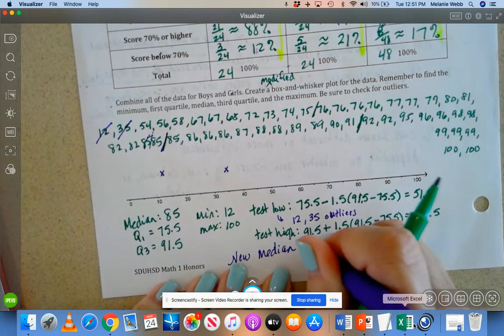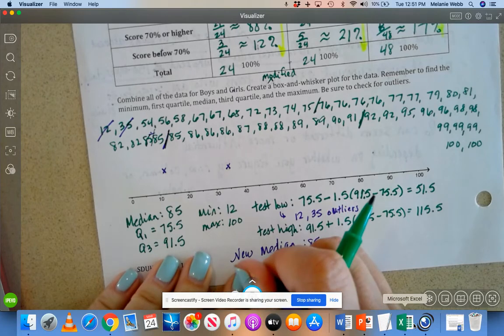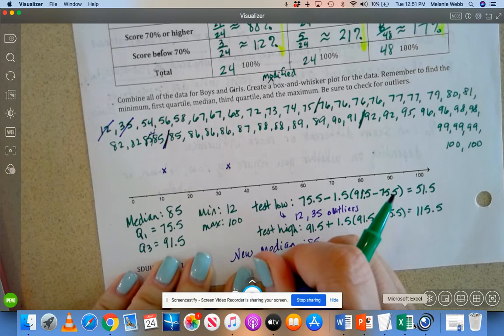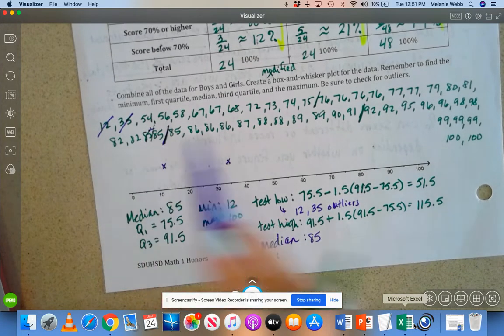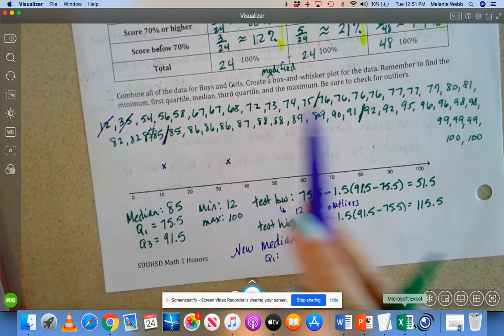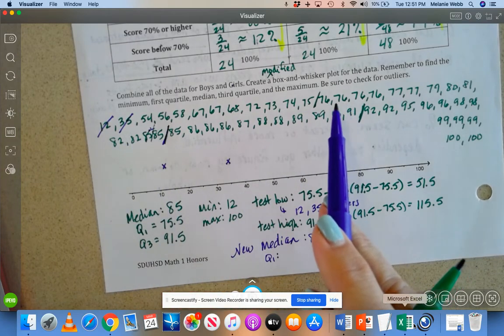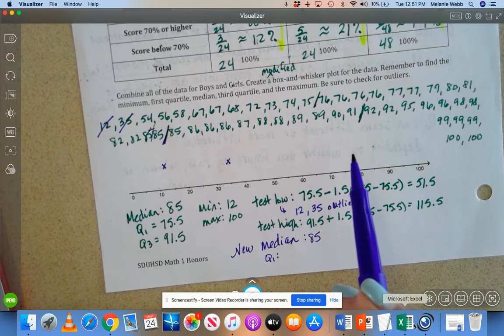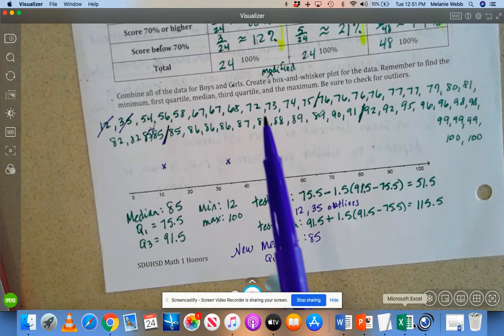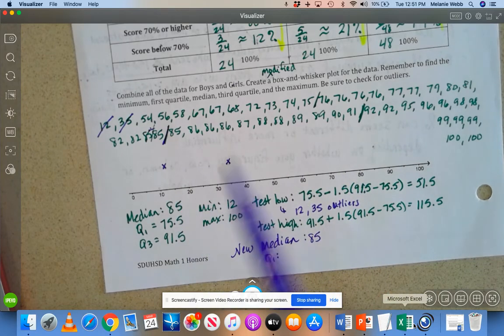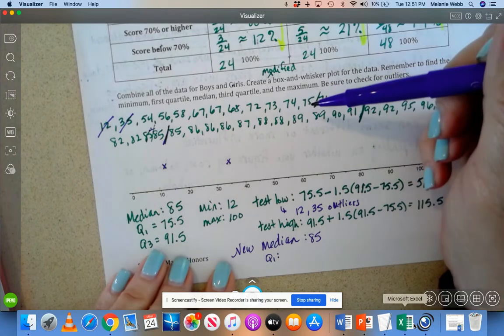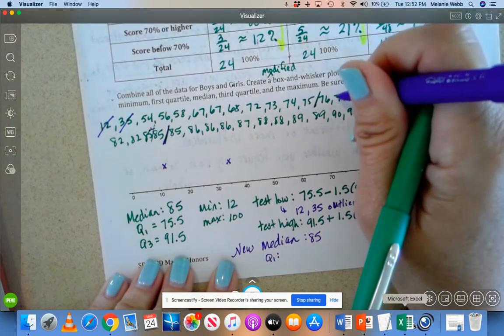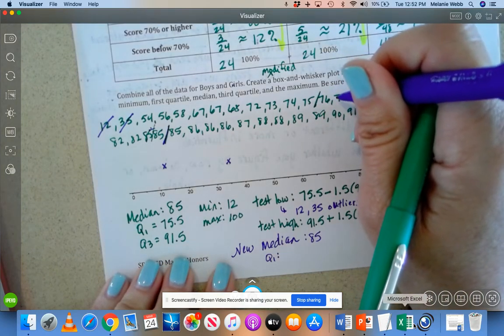Then my new Q sub 1: if I have 46 pieces of information, then I have 23 on the bottom and 23 above the median. So my new Q sub 1 is my first 76.